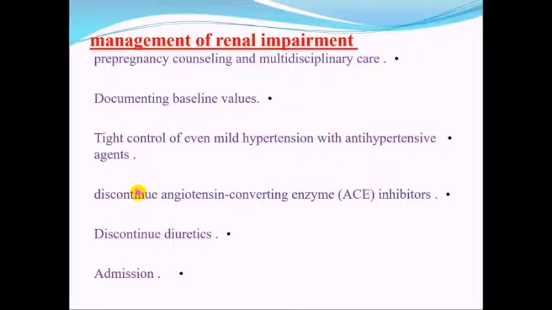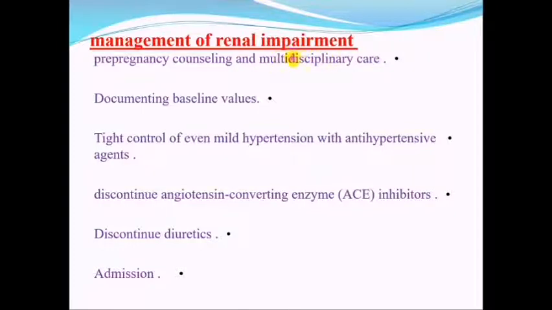Now we will discuss the management of renal impairment in females during pregnancy. If the patient has renal impairment and she wants to get pregnant, we have to concentrate on the importance of pre-pregnancy counseling and the requirement for multidisciplinary care, because it requires consultation with the physician, the nephrologist, the obstetrician and others.